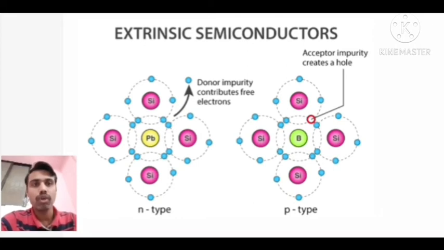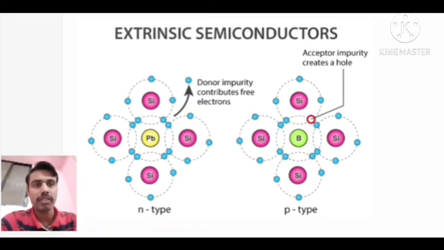Covalent bond formation will happen only with 4 electrons of the impurity atom, shown at the center in the first diagram. It is added as an impurity, and then one extra electron is left. That donor impurity contributes free electrons, so that free electron will tend to constitute a current in the semiconductor structure.